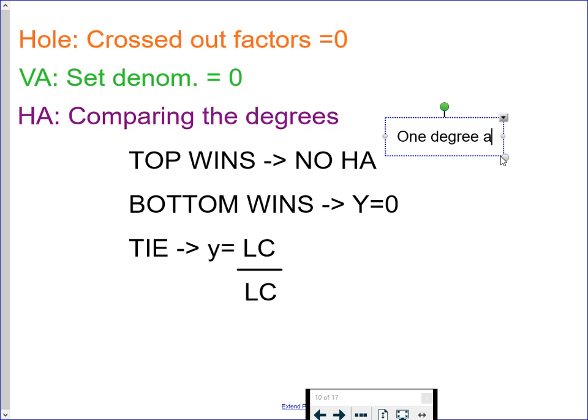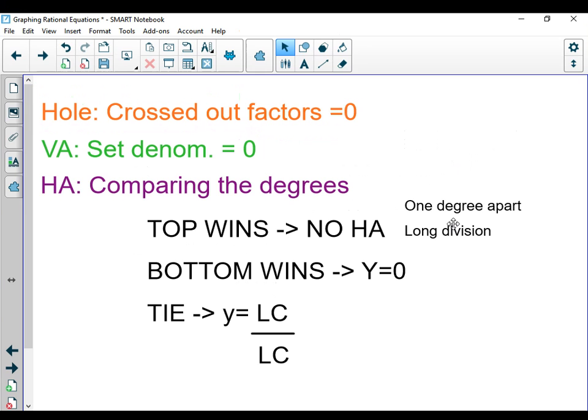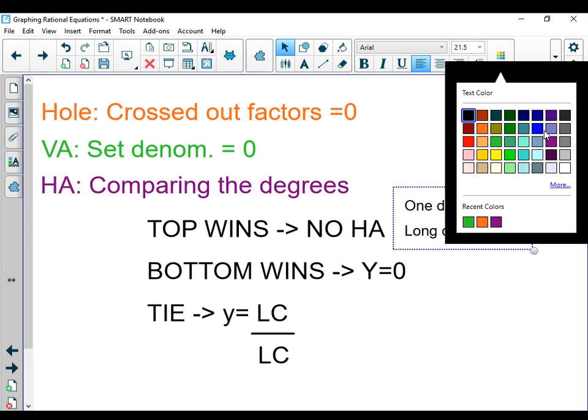Would that be 2 words or 1? Like that? 1 degree apart, long division, okay? Let's change that up. Get a different color going here. Ooh, that's a pretty color.